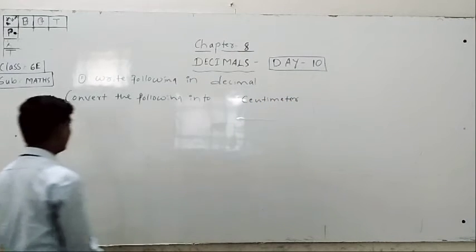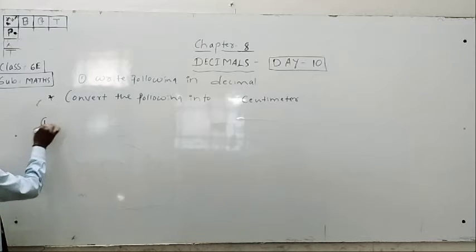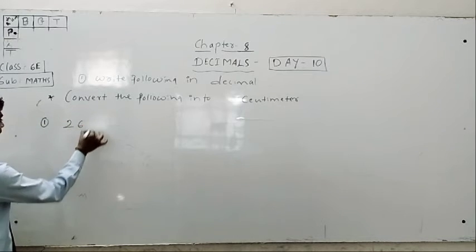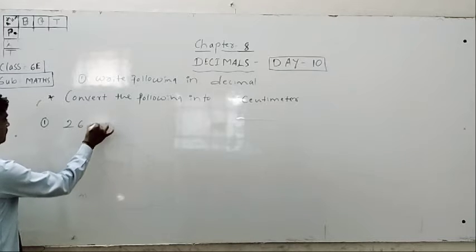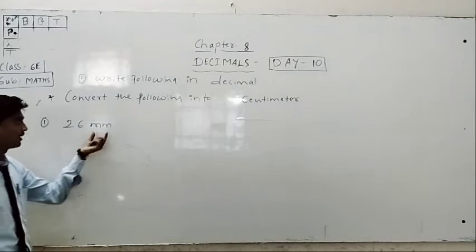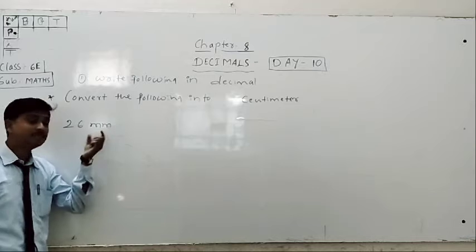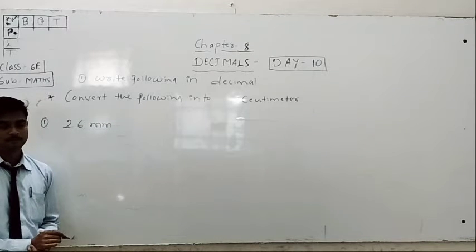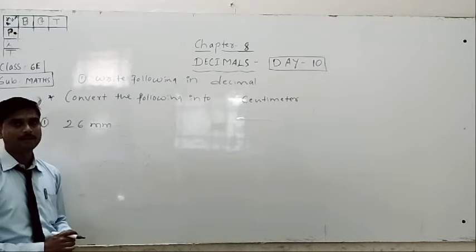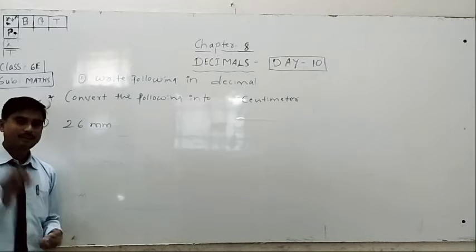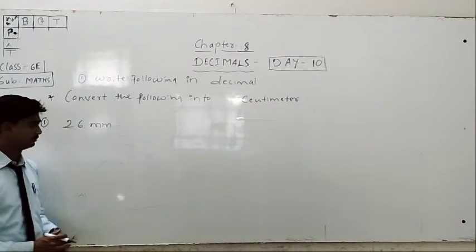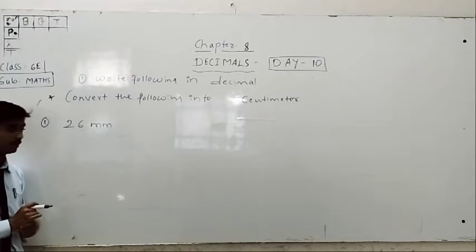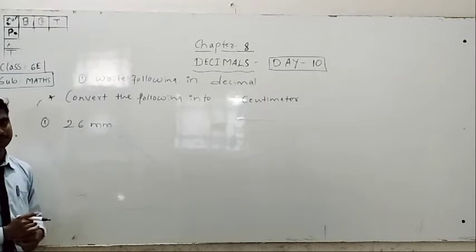It is centimeter. First one, 26 mm. The shortcut form: mm means millimeter, cm means centimeter, km means kilometer. Understood? Okay. 26 mm convert into cm.